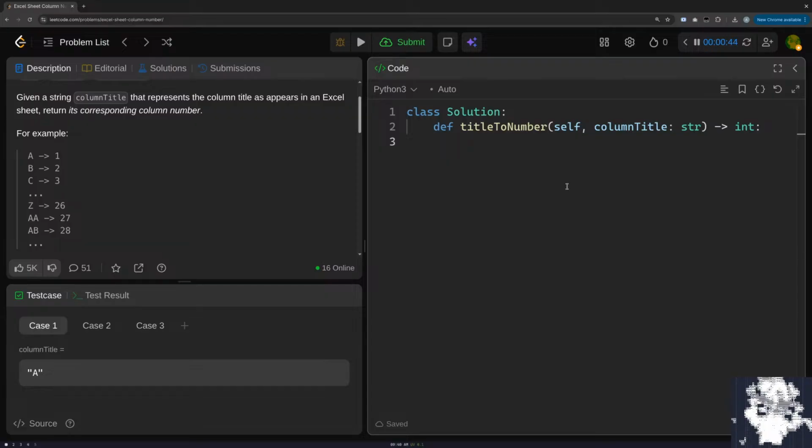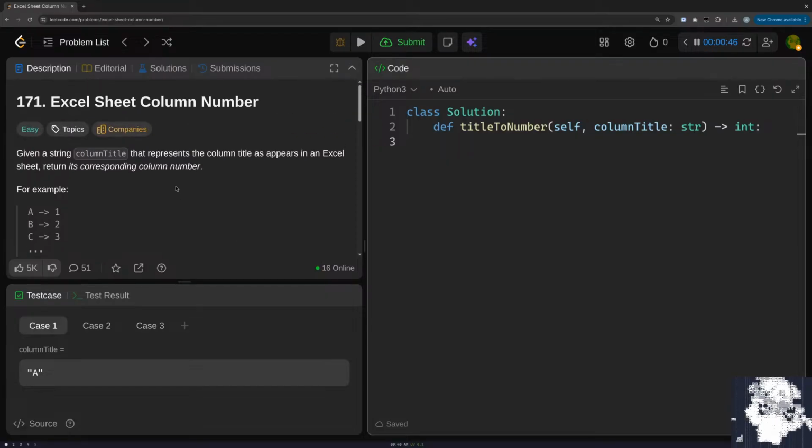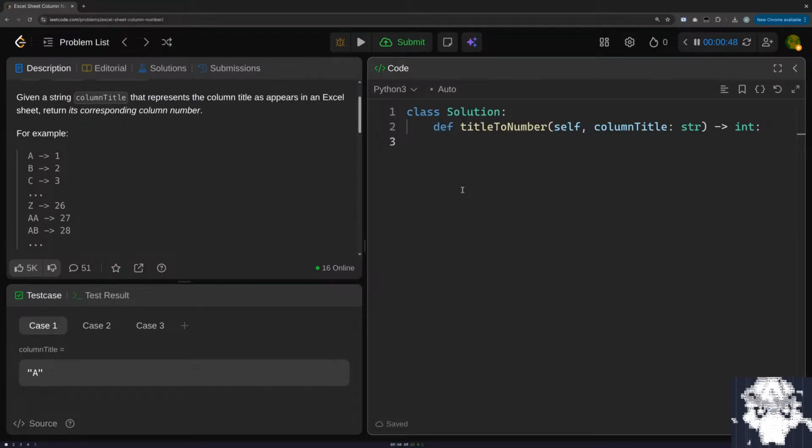So this is the inverse of the last one, but this one will be a lot easier because there's no modular arithmetic to do. You just iterate backwards through the string. So for character in column title backwards.